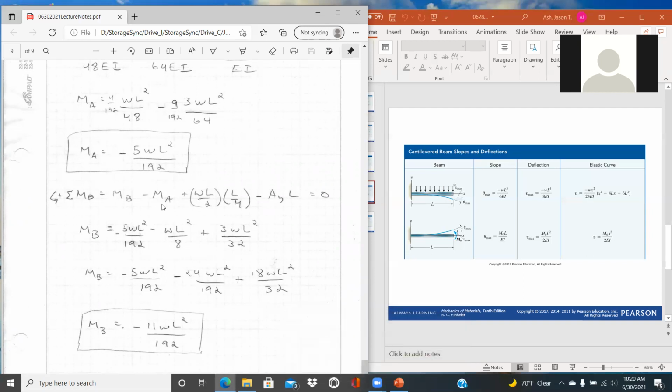We know what M of A is, and we know what A of Y is. And so we can make those substitutions and solve for M of B as minus 11 WL squared over 192.